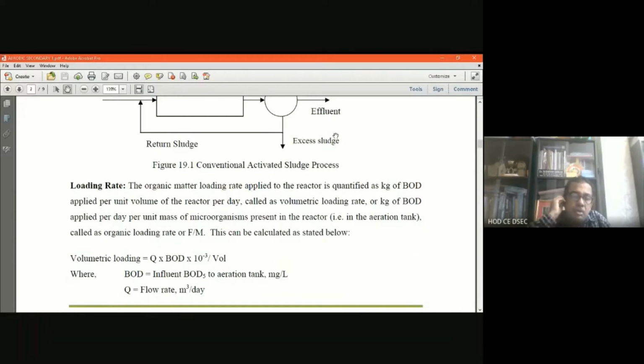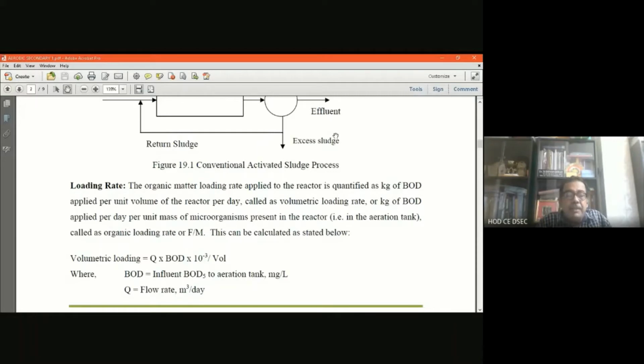Now when I talk about the volumetric loading rate, if the flow of the water is known to us, that is Q is known to us, and BOD is always milligram per liter. So if you multiply the total flow which is supplied in the aeration tank for treatment with the BOD, it will give you the total BOD in terms of weight, that is in kg.